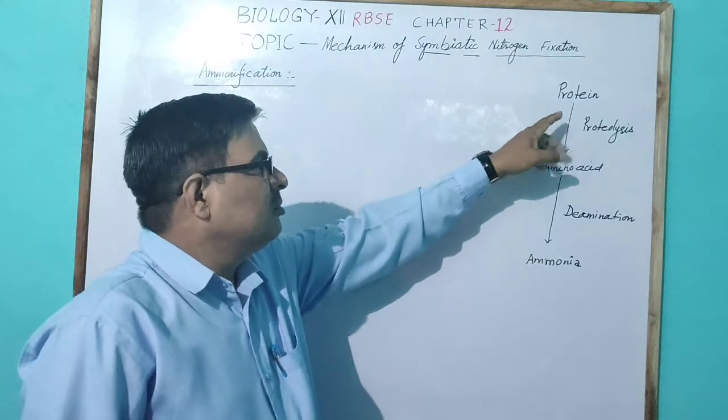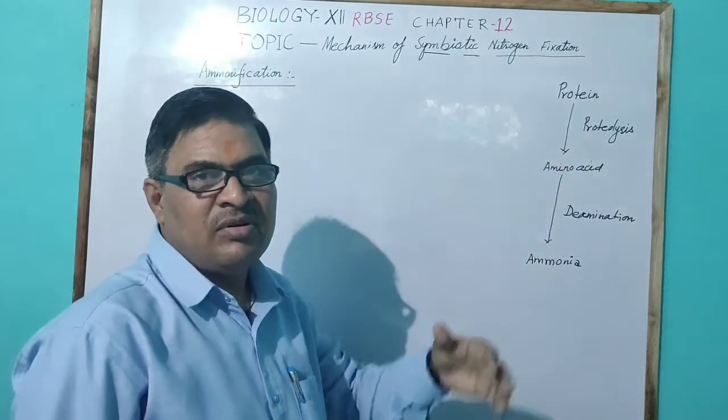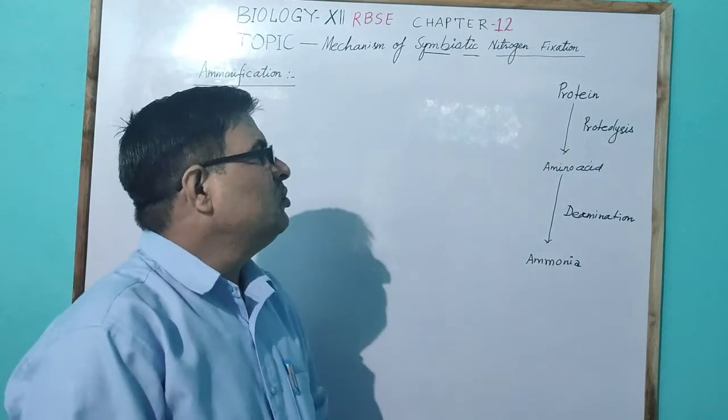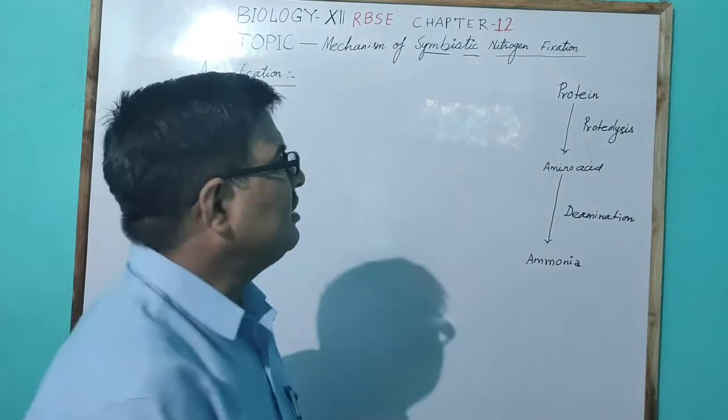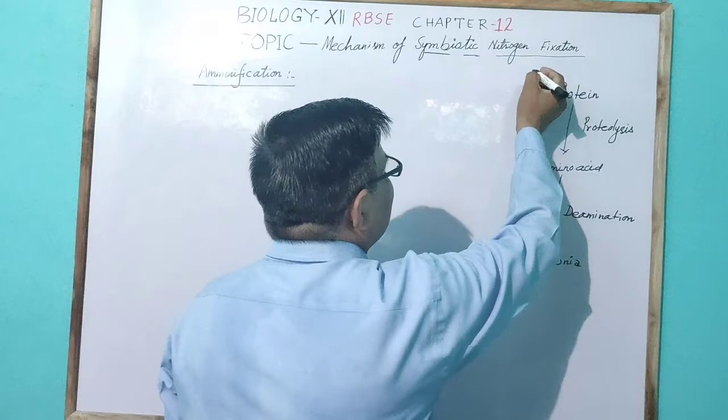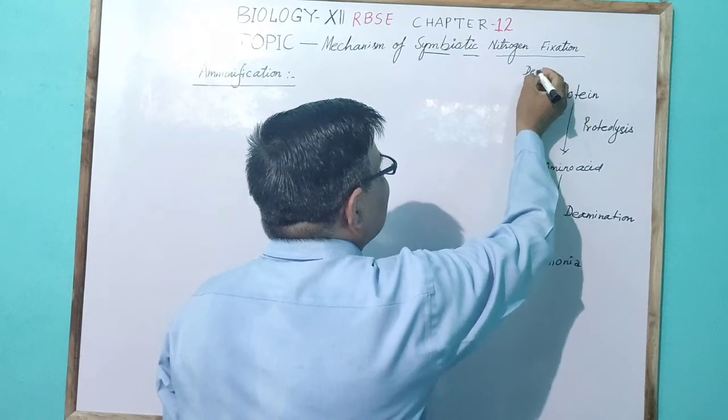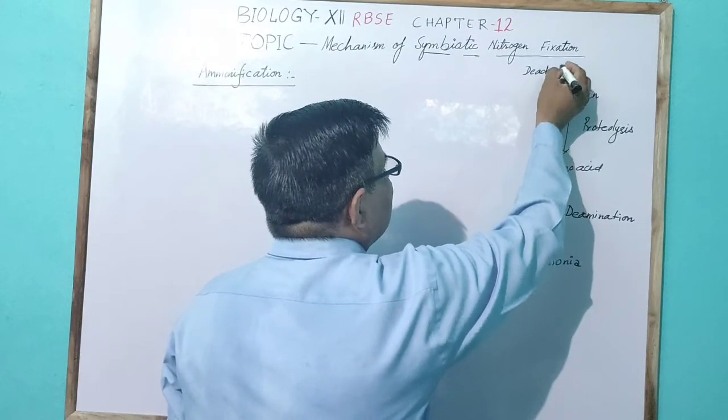Here, protein is a type of macromolecule present in the dead plant or animal.